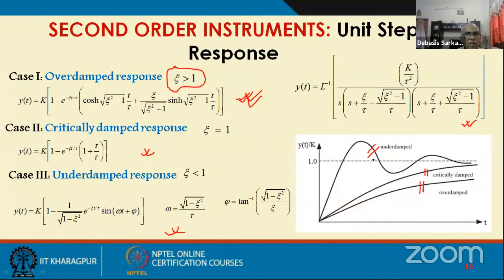So their zeta value is less than 1. So you'll get an oscillatory output, or oscillatory response, from a second order instrument when the damping coefficient zeta is less than 1. You will get an underdamped response.